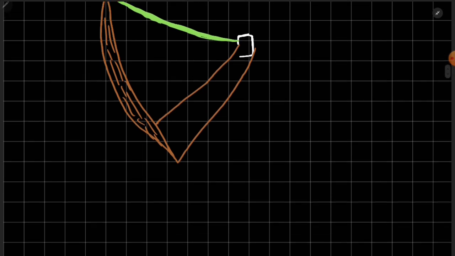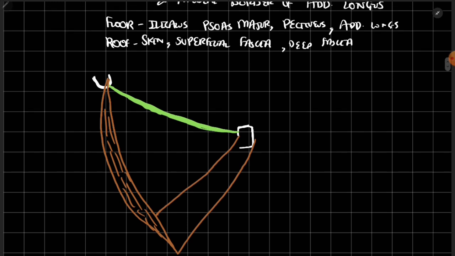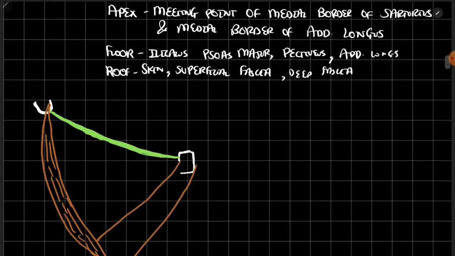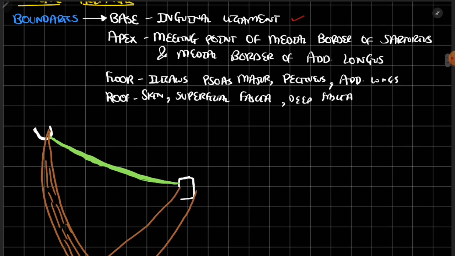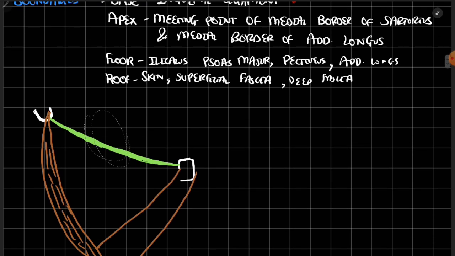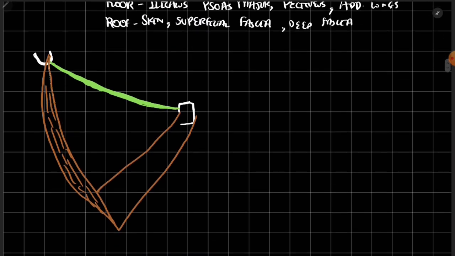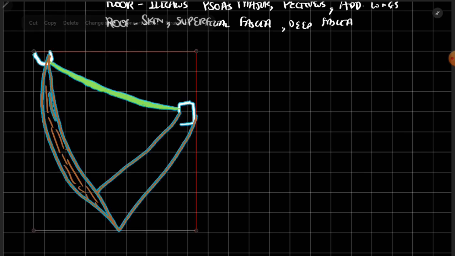I will draw everything in one diagram, or rather I will draw the contents separately. Now this is the base. The meeting point of the medial border of sartorius and the medial border of adductor longus, so basically these are the boundaries. Okay, this is the femoral triangle.